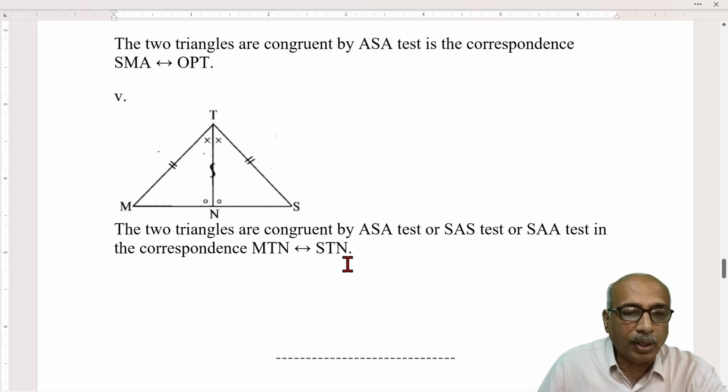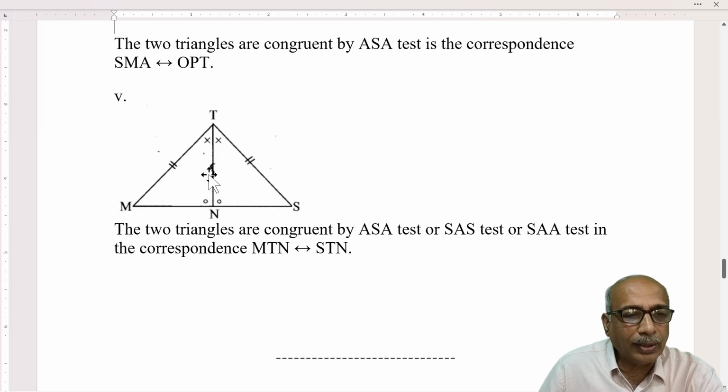Here you will come across that these two triangles are congruent by ASA test. How? See, this angle T, common side, angle N for this triangle. And for this triangle, again angle T is congruent, common side and angle N, again it is congruent.